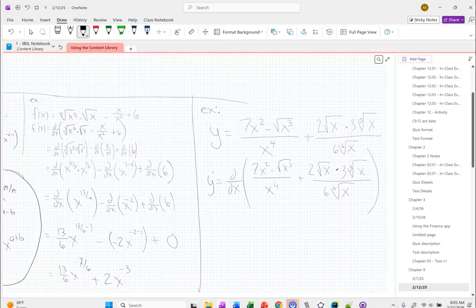First thing I notice, I have an addition symbol, which means I can distribute the derivative operation to each term, right?